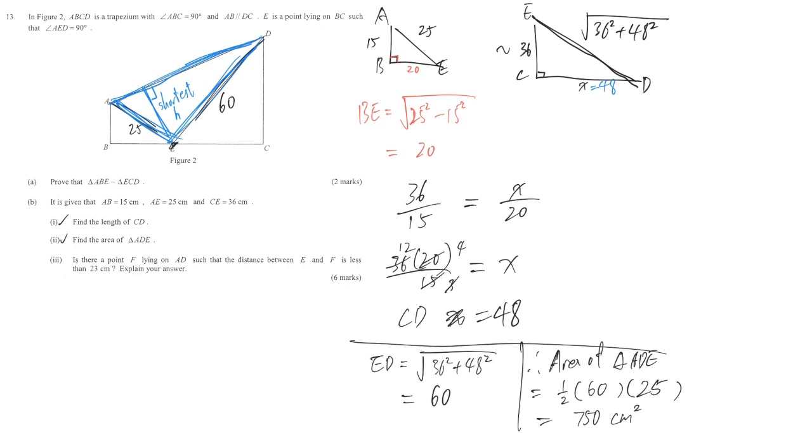And one hint is that AD is not known yet, but there is a method for us to solve it. So the method is to find out AD. So now we have a new set of base and new set of height. Then we can draw the conclusion. 1/2 AD times H is equal to the area of triangle ADE, which is 750. We calculate from another pair of base and height. That's what we are going to do.